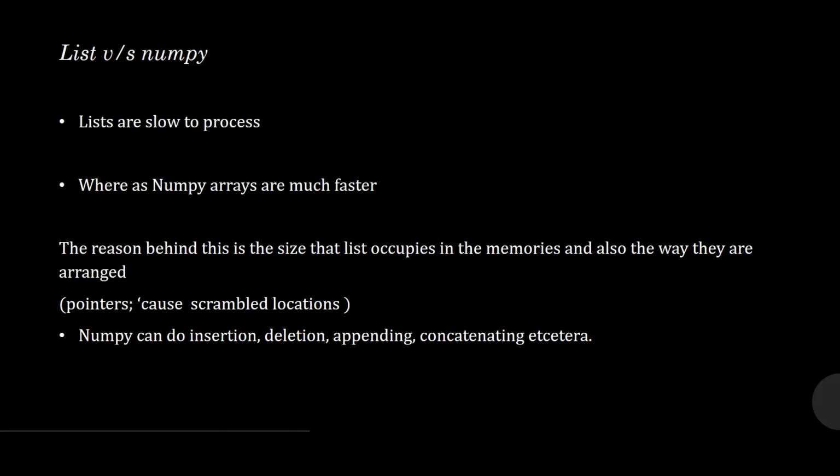So it is like 24 plus 4, that is 28 bytes just to store one number. If the processing data is more, it obviously takes more time. Whereas in NumPy, you'll have a fixed type of storage.